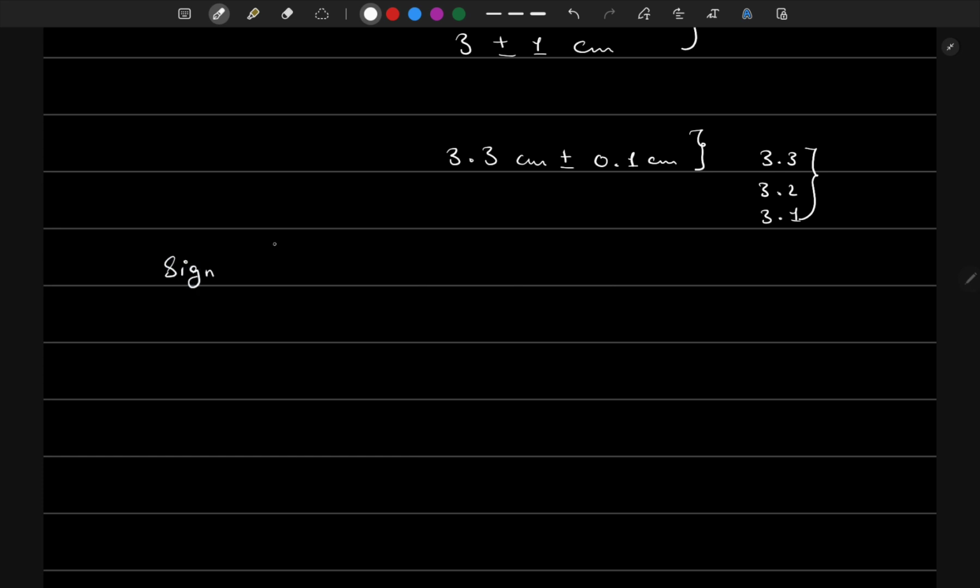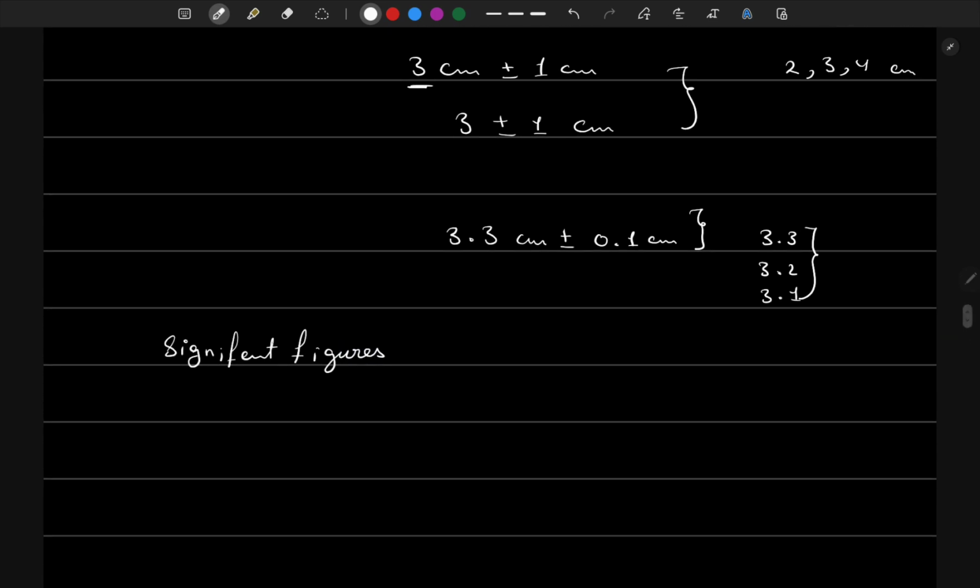And this uncertainty is expressed using significant figures. So how can we use significant figures to explain uncertainty? If we look here again at those two measurements, in the first one, I can say that this is 3 centimeters. I cannot say that this is 3.0 centimeters.